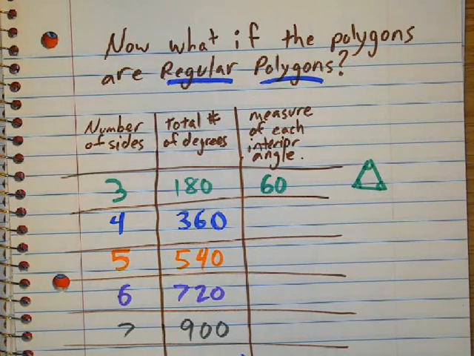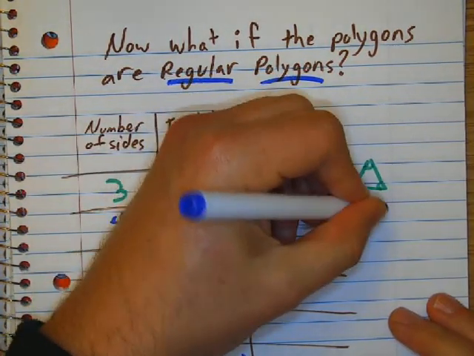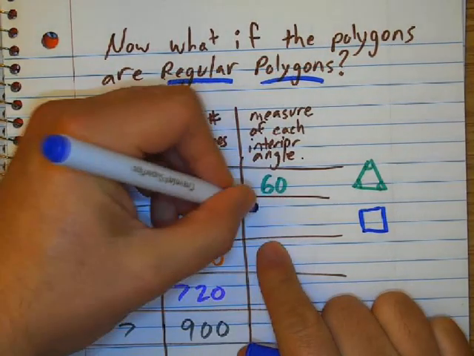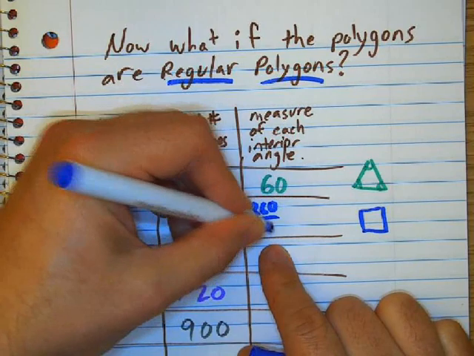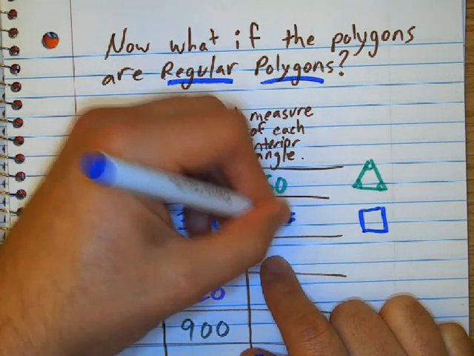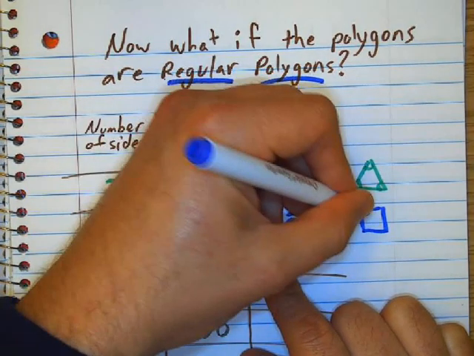If I've got a square, I could do 360 divided by 4, and I know that each angle here is 90.